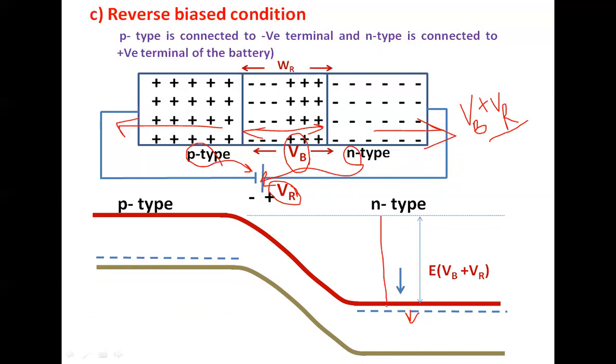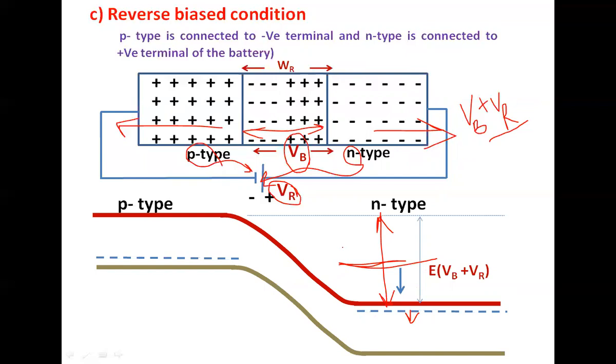This width increases to e times VB plus VR. So this is our position of Fermi energy levels in reverse biased condition of the p-n junction. Look at this, the Fermi energy level in n-type goes down when compared with the unbiased condition. So in case of reverse bias it is decreased.